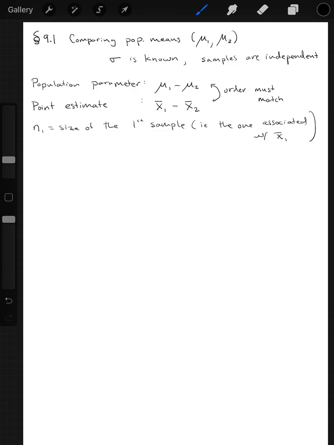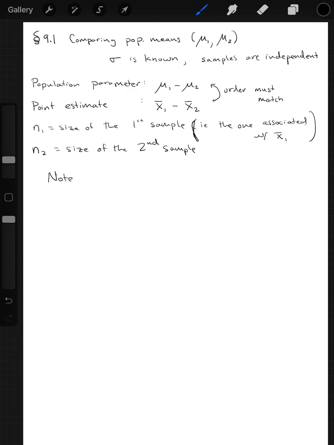And again, it doesn't necessarily need to be labeled with numbers, right? If you had x bar old and x bar new, then you would have n old and n new. The subscripts just associate it together. And N2 is the size of the second sample, same sort of idea there.